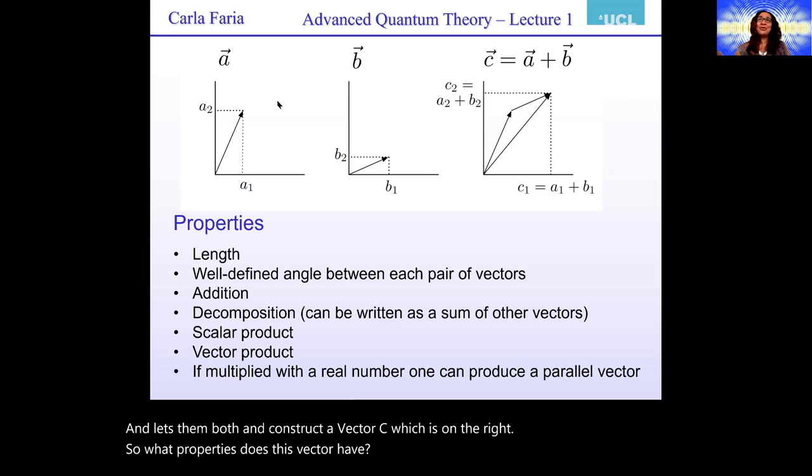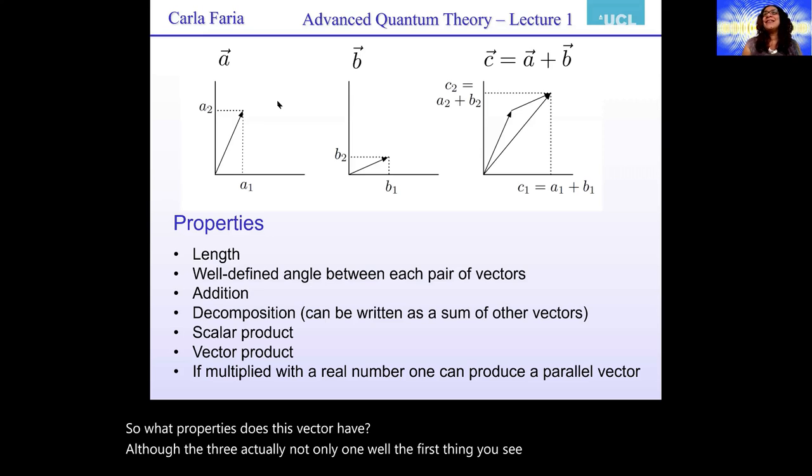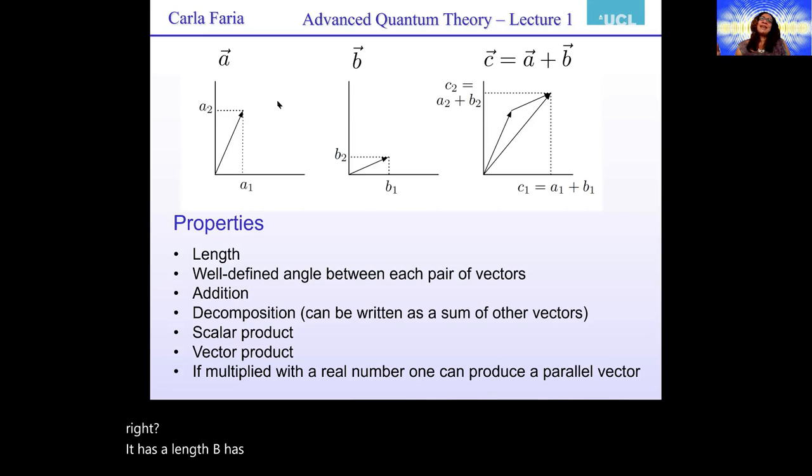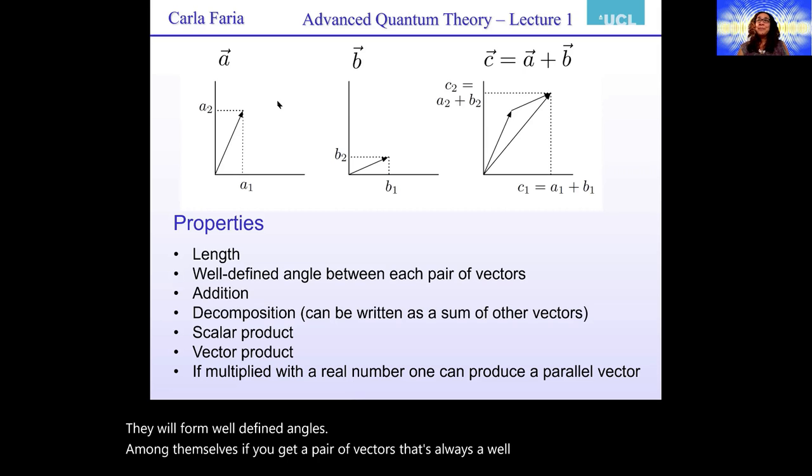All of the three, actually, not only one. Well, the first thing you see is that they have a length, right? A has a length, B has a length, C has a length. Also, they will form well-defined angles among themselves. If you get a pair of vectors, there's always a well-defined angle, right? So this means also they have a direction.